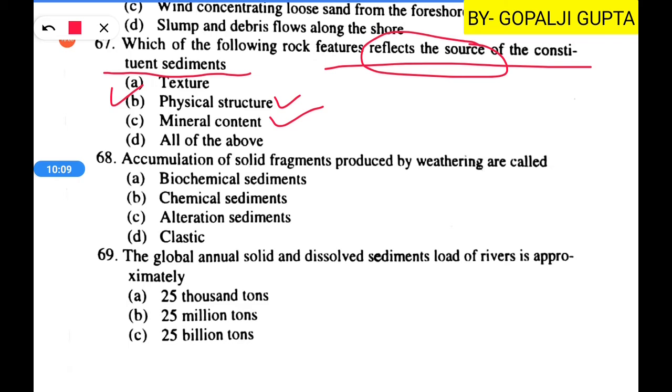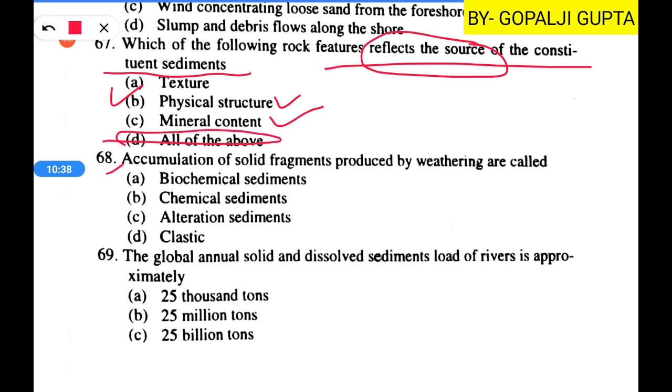As you know, quartz is highly resistant, but other minerals cannot resist weathering. So if we are getting minerals which can be weathered easily, that means the source rock is very near, and by the mineral composition we can interpret what type of rock can be there. So here the fourth option, all of the above, will be our right answer.